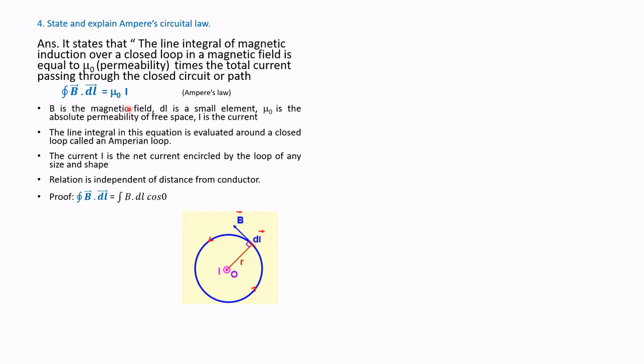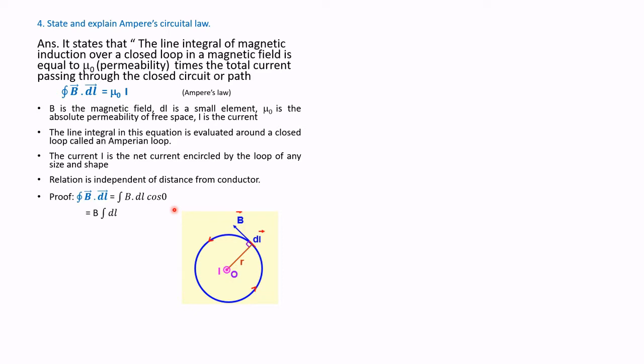Proof. Now let us prove. So integral B dot dl, B is the magnetic field which is tangential to dl. Therefore, simplifying the dot product, B dot dl, we get B dl cos 0.